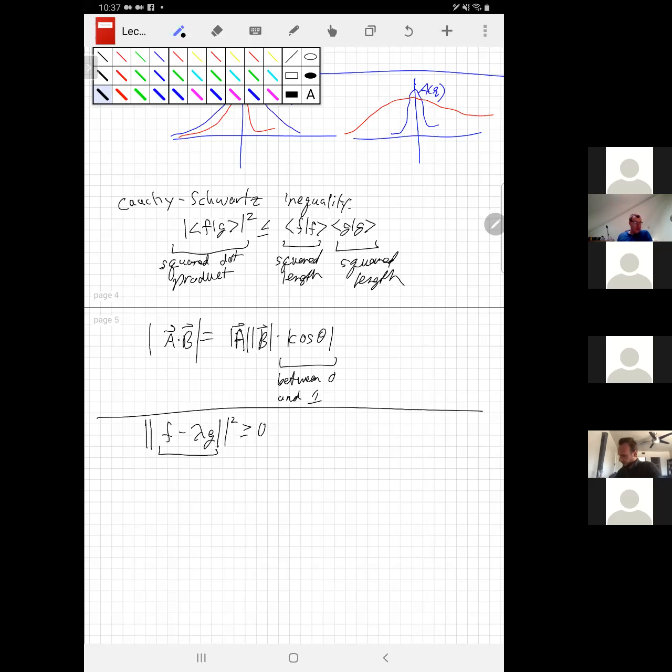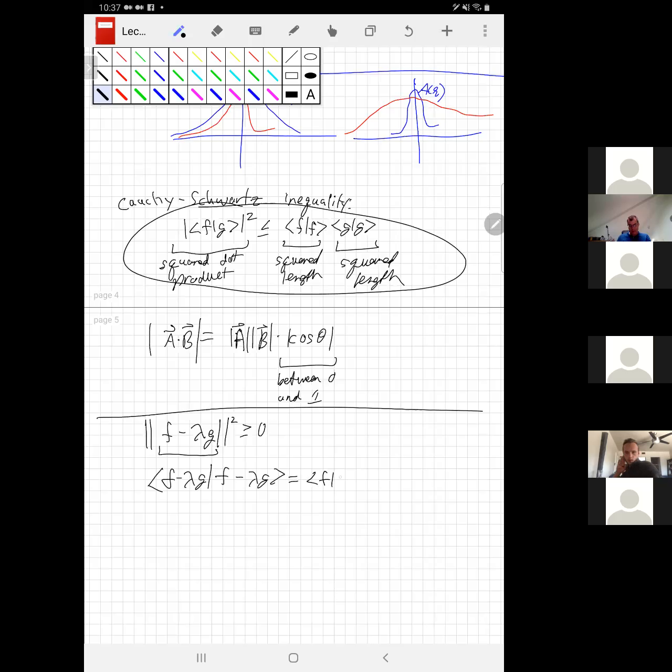So I could rewrite this. Any squared length is an inner product. So I could rewrite this as f minus lambda g inner product with f minus lambda g. And now I've just made this into a statement about inner products, which gives us some hope of maybe relating it to this inequality up here.